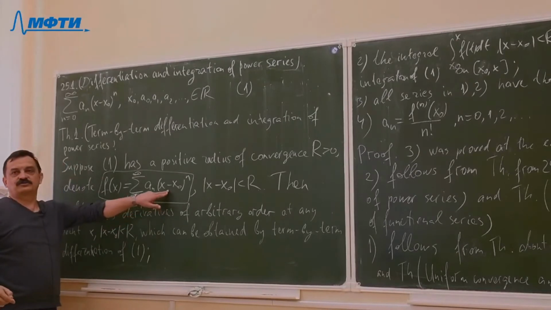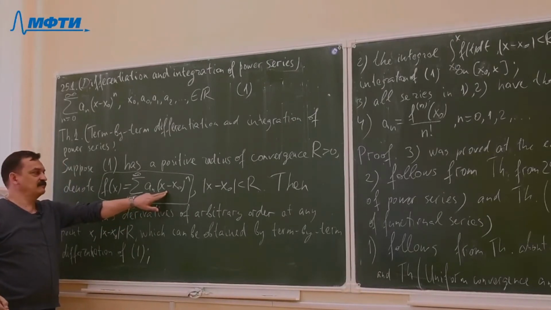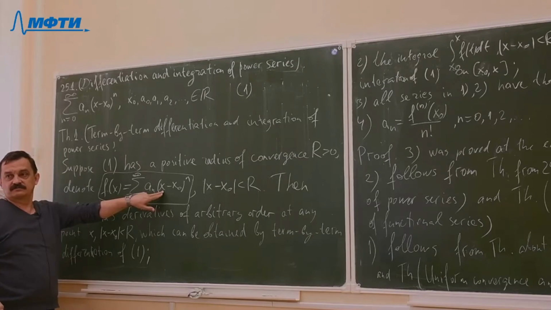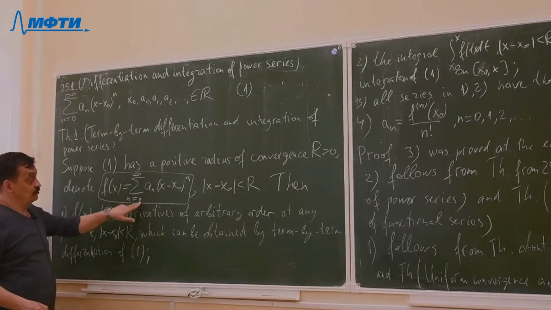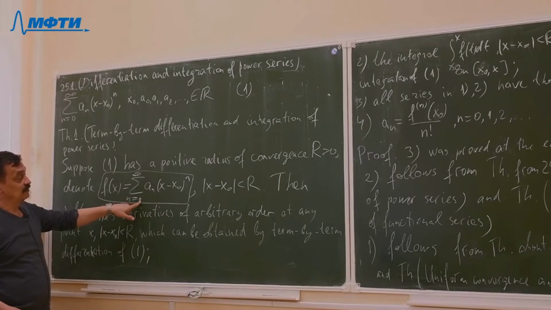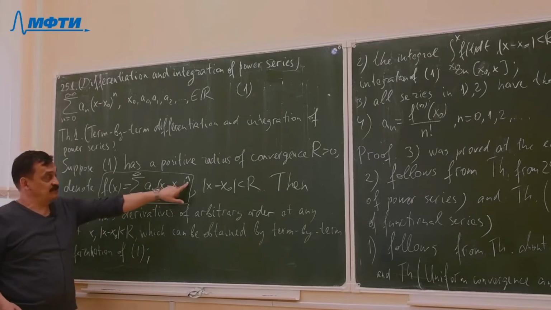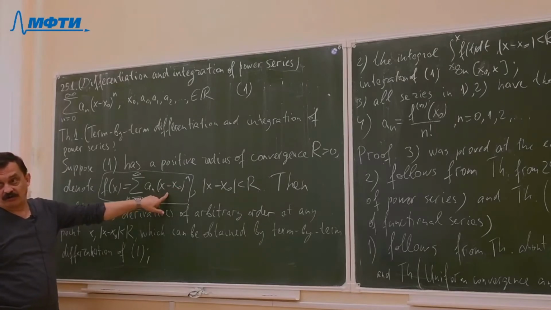If you substitute x equals x0, what happens? We have zeros, and of course we agree that when n is positive, then 0 to a positive power is 0.